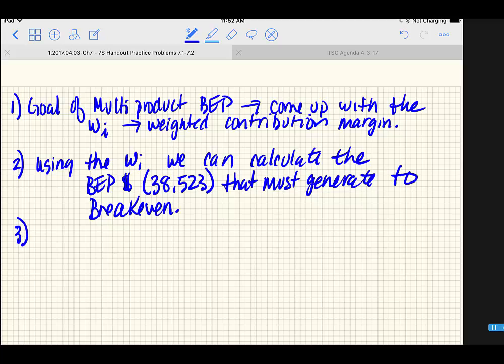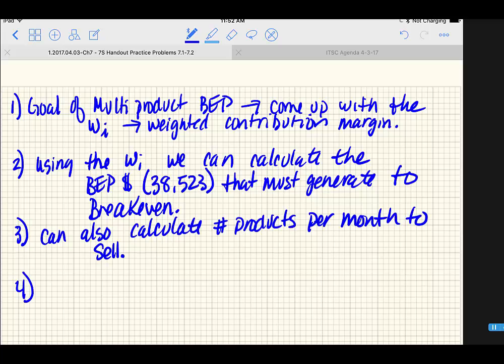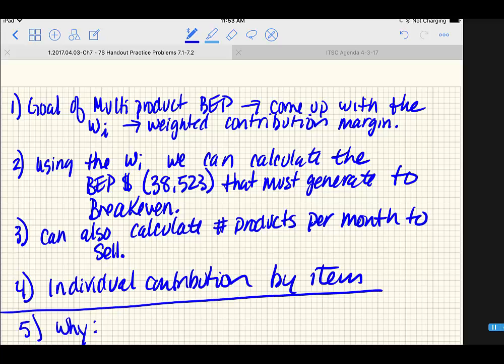We are also able to calculate the number of products per month that must be sold. And we can also find out the individual contribution by item. And in the end, why do we care about this?